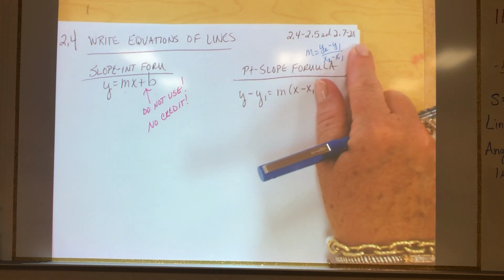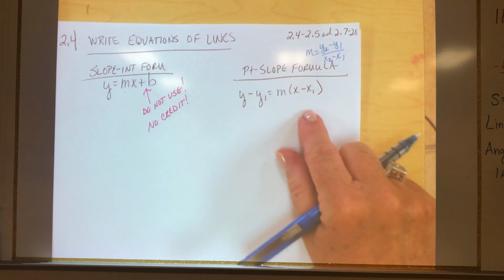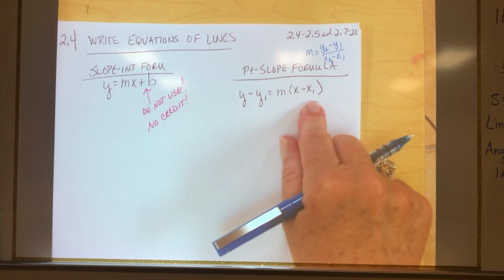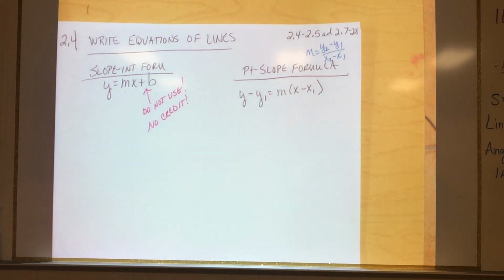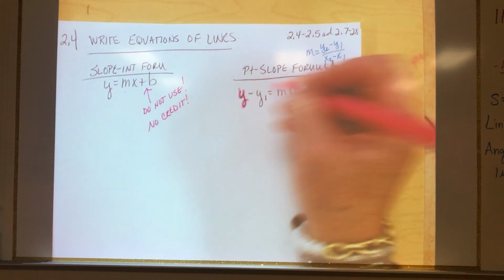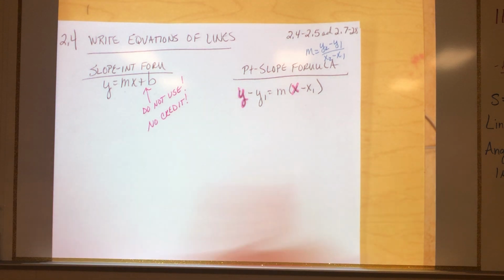But what you do to one side, you do to the other, so this would be m times x sub 2 minus x sub 1. There it is. Okay? So really this is just the slope formula. It's just written in a different way. Now, it does have a couple of rules. One rule is this. This little y right here and this little x right here, hands off.